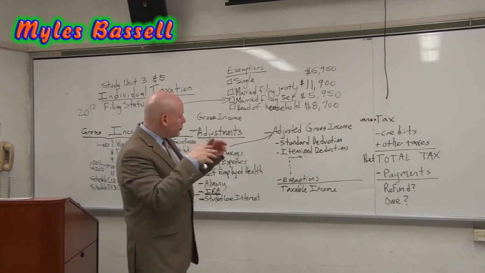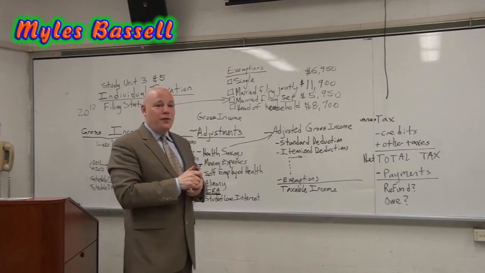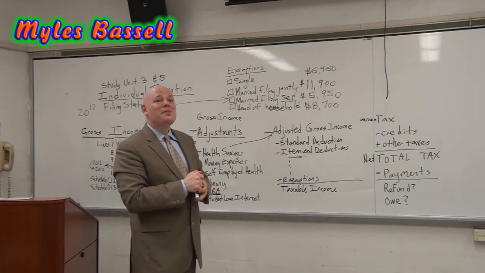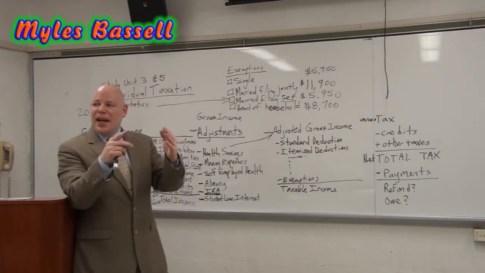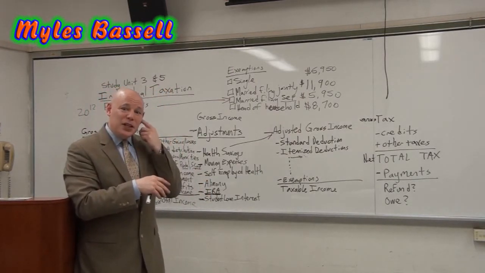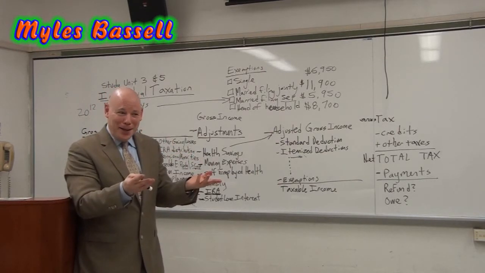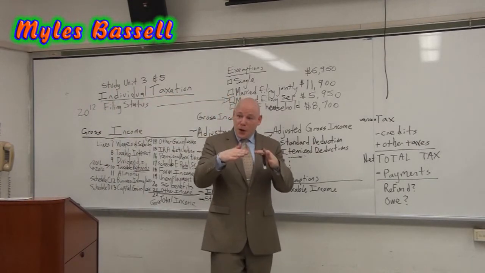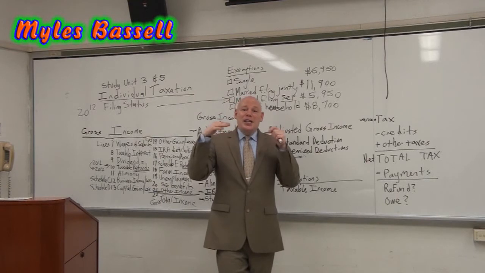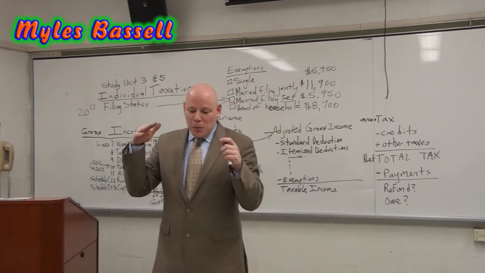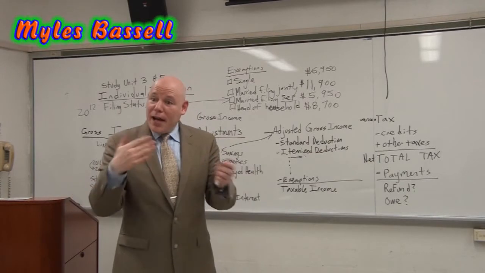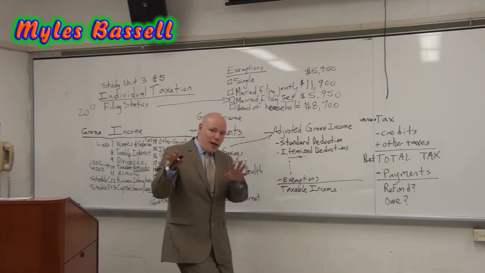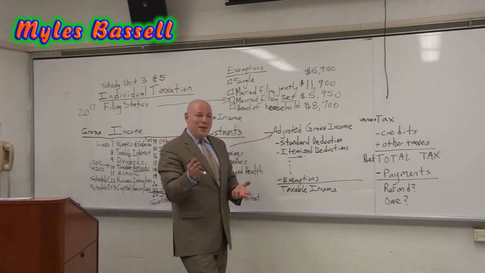Let's say you were married on January 5th. Right, so remember last time we said that as of the last day of the year, either you're married or you ain't. So if your divorce decree went through on December 31st, it was finalized, and you're divorced, you're no longer married, then you have to decide whether you are single or head of household.